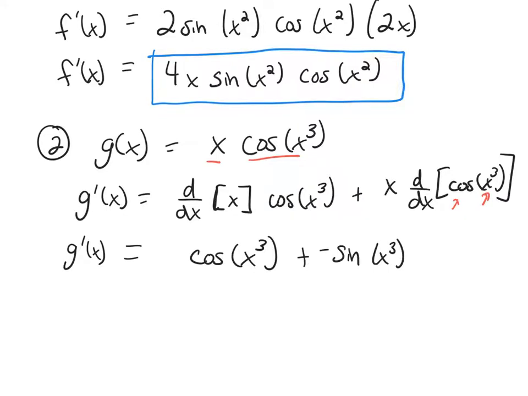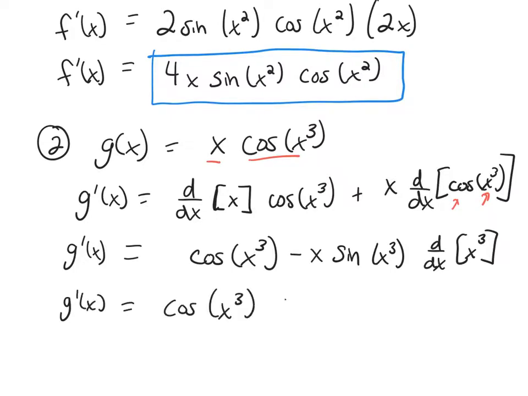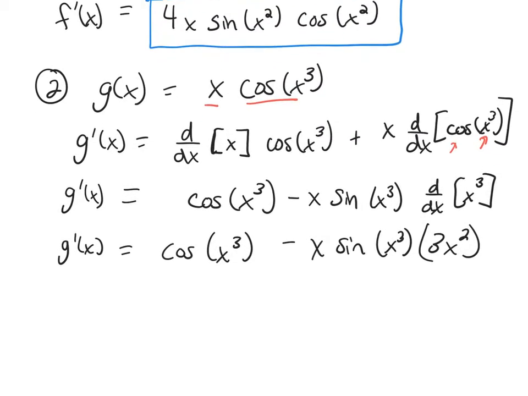And we still have our x that was out in front, so I'll just make this a minus x. The derivative of cosine is a minus sign, and then I need to multiply by the derivative of the inside, x cubed. We just use the power rule there to get 3x squared, and there is your derivative right here.